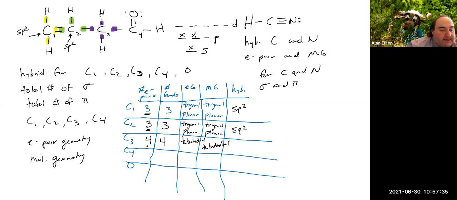Now looking at electron pairs for our hybridization, we end up with 1, 2, 3, and now 4 electron pairs, which means the hybridization of that guy is sp3. Any questions on that there?